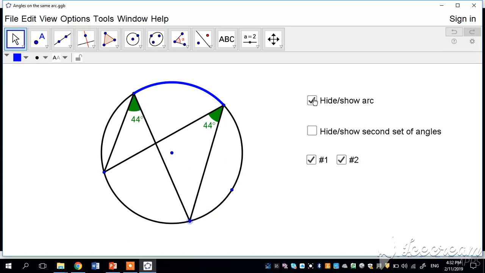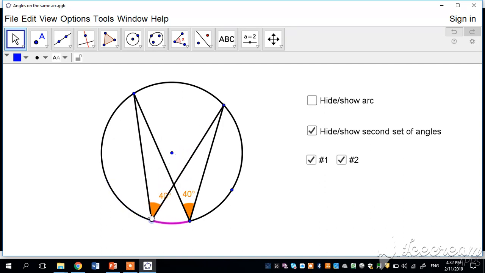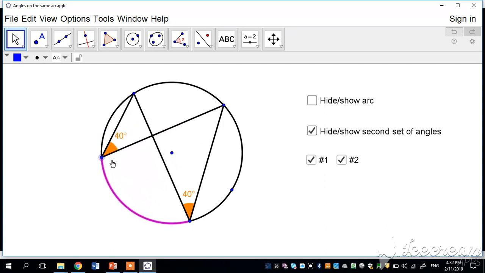Right, let's show you the other pair of angles, which are these two down here, because these are also angles on the same arc, this arc here. And you can see the vertex here moving around to the vertex here. So these two angles are on the same arc and are also equal.